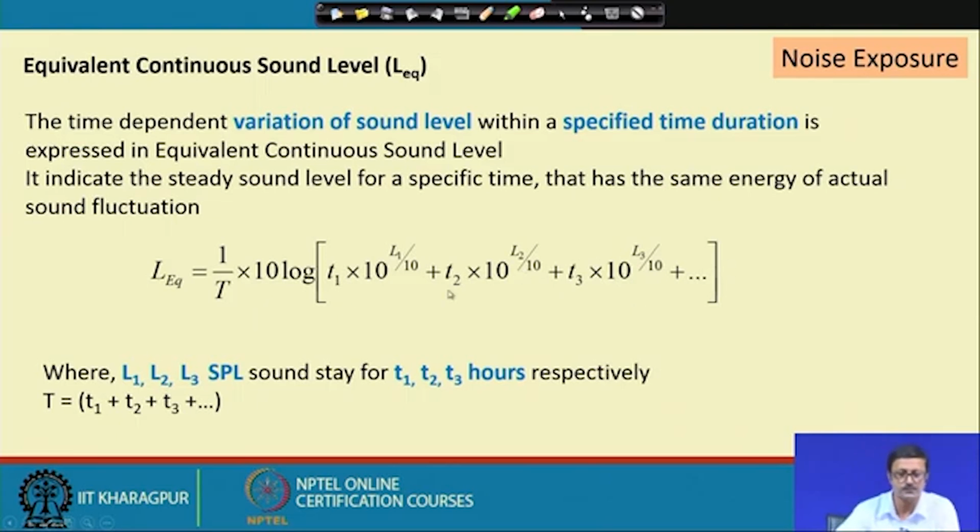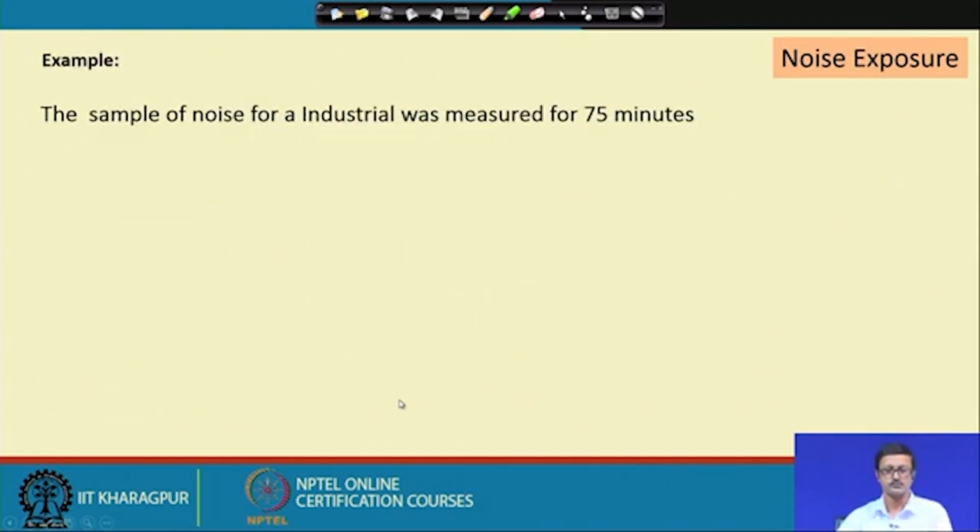After you add it up, take the logarithm of that big number, multiply by 10, as we usually do in the log totaling of noise levels, and finally, after multiplying by 10, divide by capital T, and this capital T is nothing but the time in hours, which is the arithmetic sum of the exposure times.